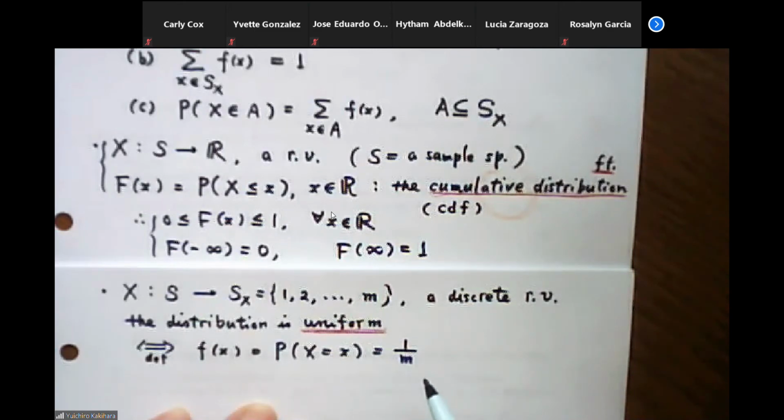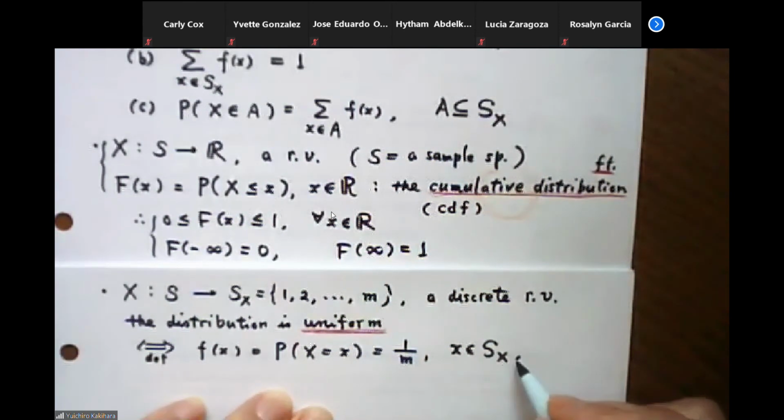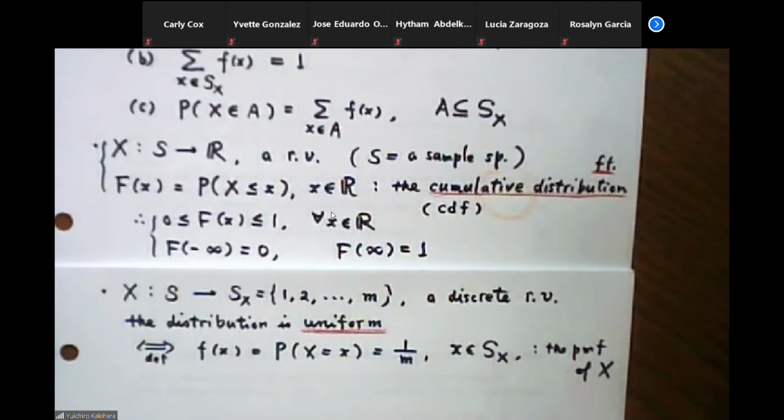So for x in S sub X, each x appears with probability 1 over m. This is the probability mass function of X. That's the definition. Then I'll ask you, what is the cumulative distribution function? Can you get it?